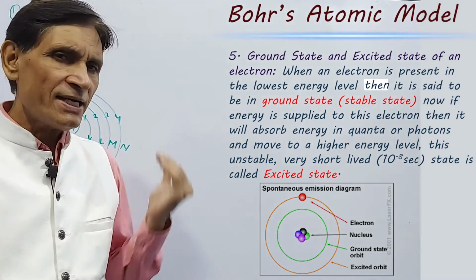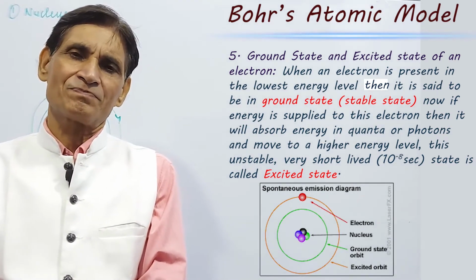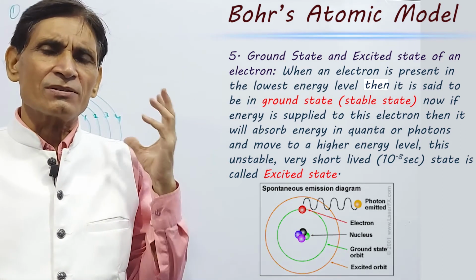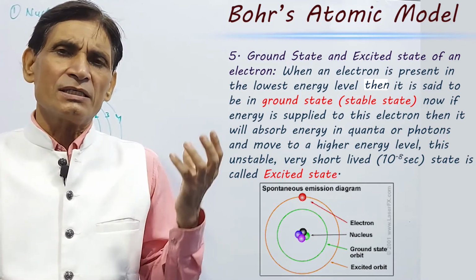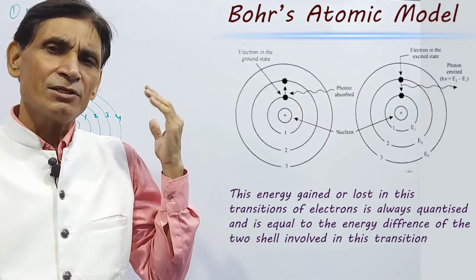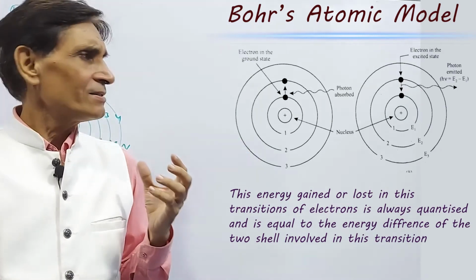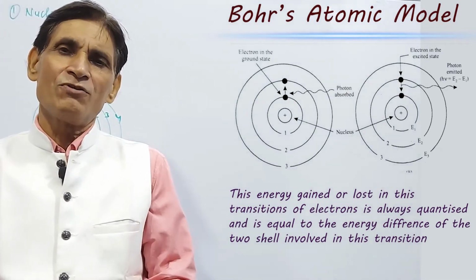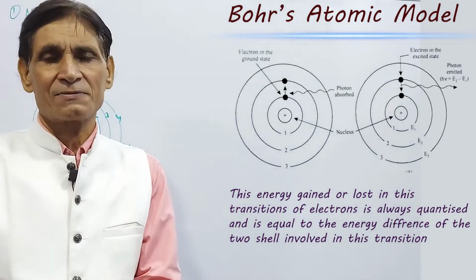When it comes back, it emits energy in the form of radiation. In these transitions of electron, it absorbs or gains and loses energy, and the energy gained or lost by the electron is quantized, which is equal to the energy difference between the shells.